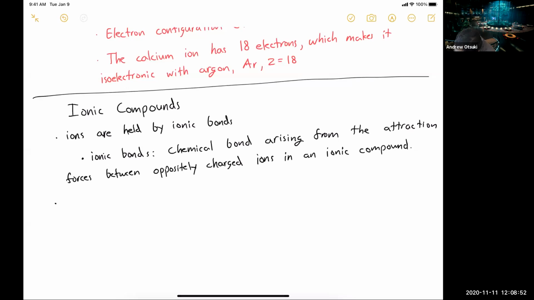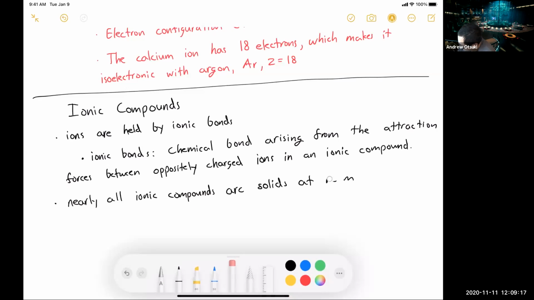So nearly all ionic compounds are solids at normal temperature and pressure.